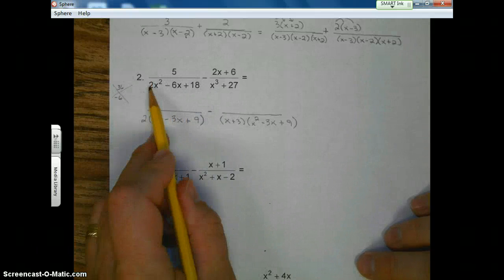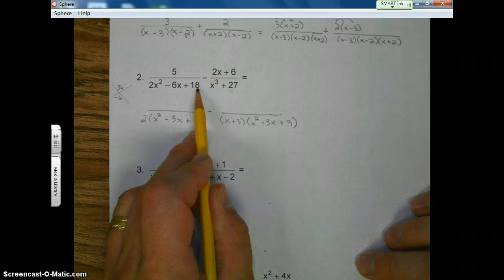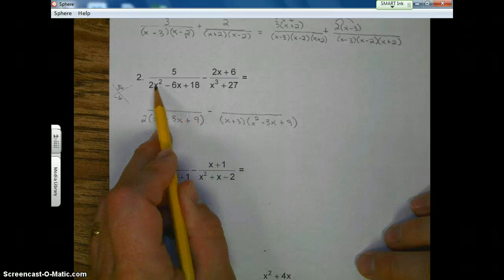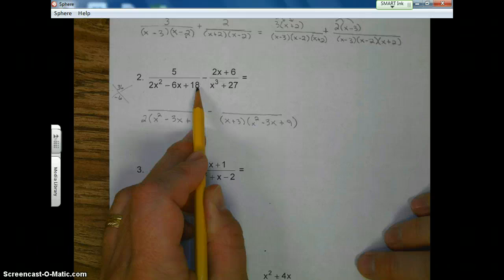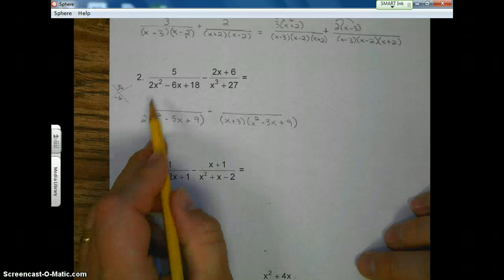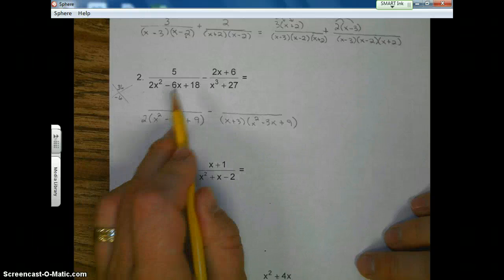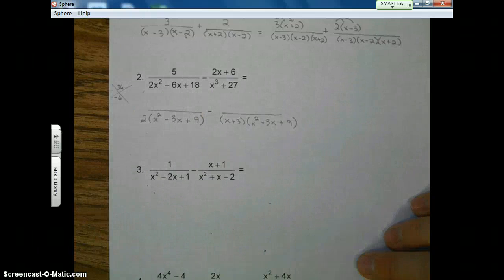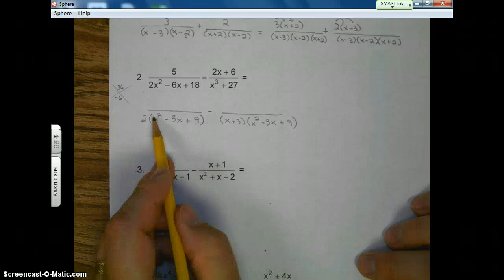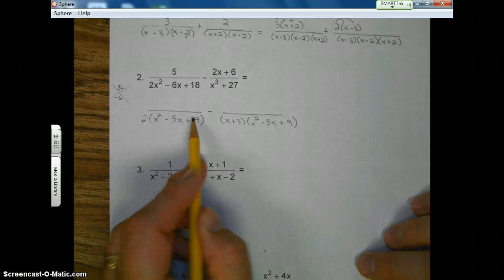But I did notice that each term is divisible by 2, so I went ahead and factored out a 2 out of each term. So 2 goes into 2 once, 2 goes into -6 -3 times, 2 goes into 18 9 times. And this is not factorable.